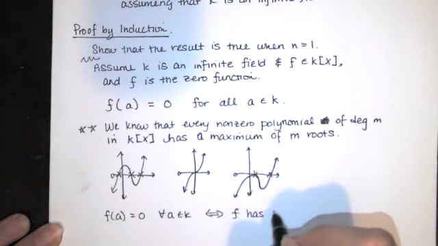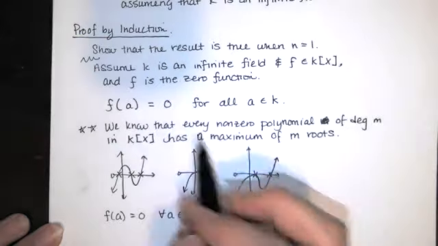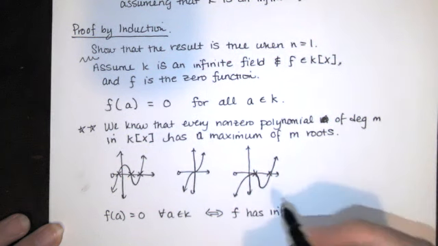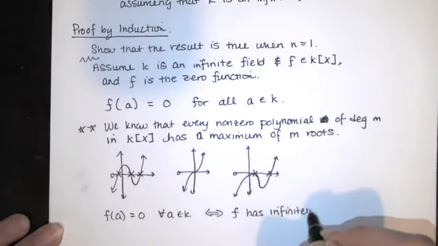That's equivalent to that. And it's equivalent to that because we said earlier that k is an infinite field. So for infinitely many values of a, we get 0. So this has infinitely many roots.